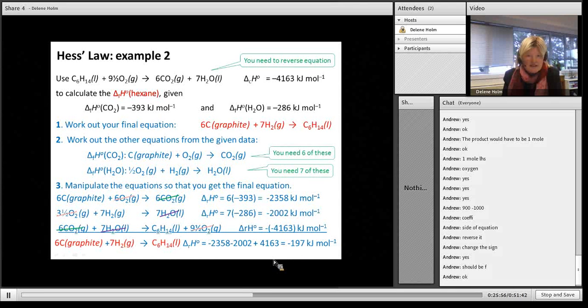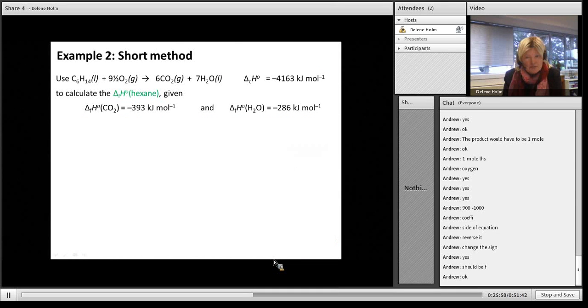Okay, so here's now the same problem, but we're going to use the short version. And by short version, I mean using this delta RH is products subtract reactants. Now the delta RH we're going to use here is what we are given over there.